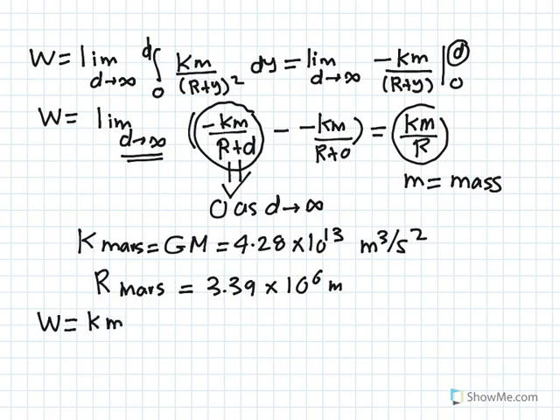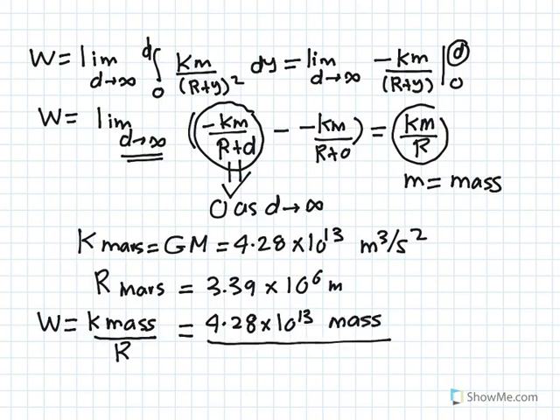K times the mass divided by R. Well, K is equal to 4.28 times 10 to the 13 times the mass. We don't know the mass, and we just leave it as a variable, so to speak.